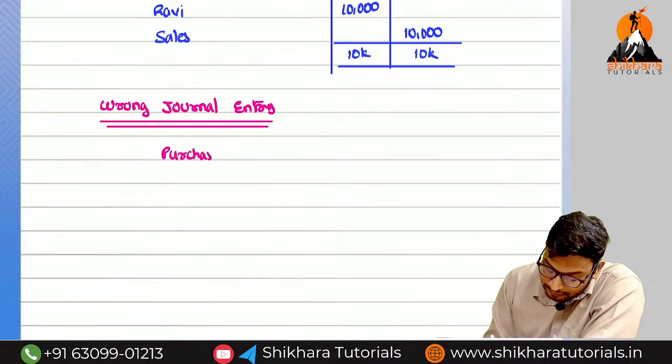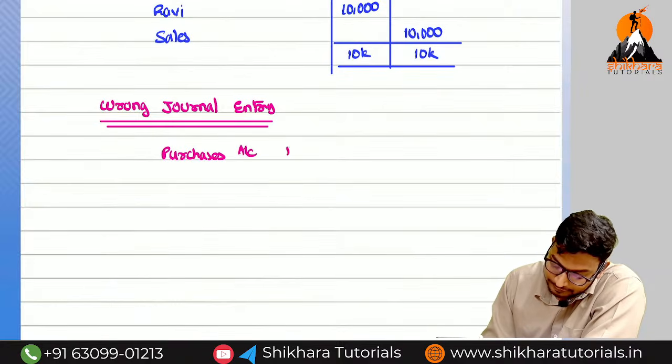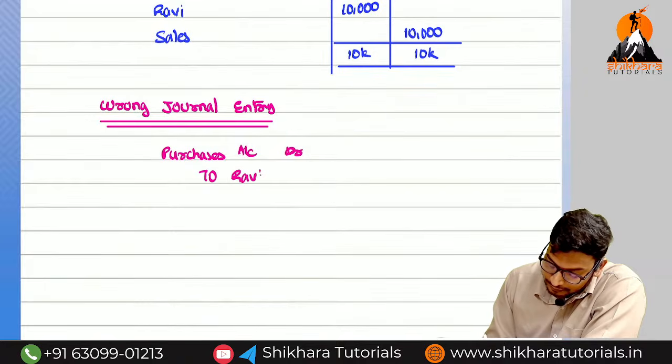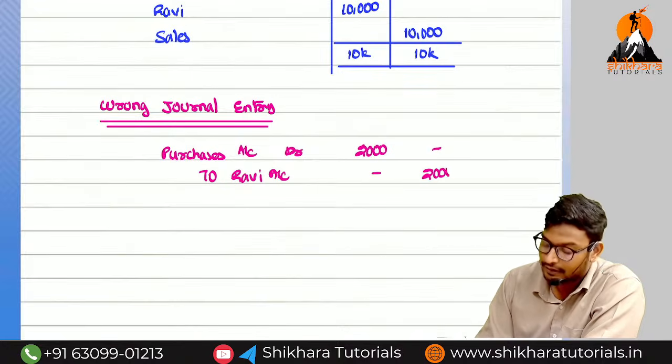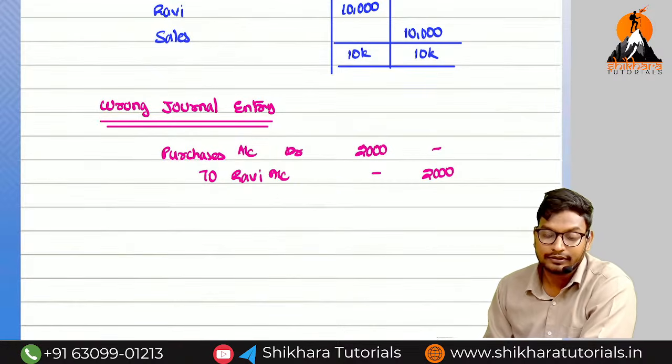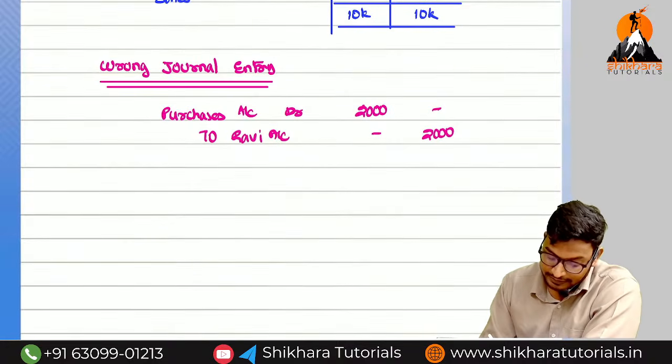What is the entry? Purchases account debited to Ravi account. What is the amount? 2000 and 2000. So what is the trial balance? Simple. Debit, debit, credit, credit.